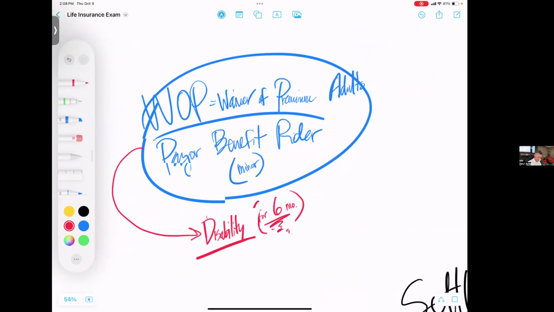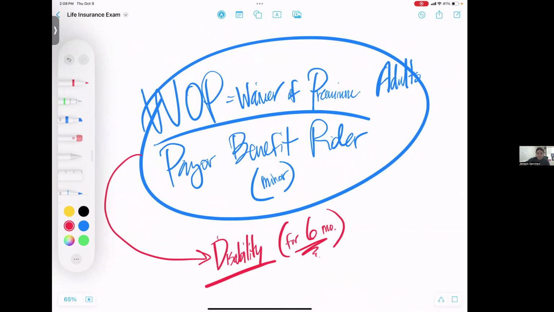Okay? You got it? Yeah. So that's a waiver of premium rider. It pays the premiums for as long as you're disabled. So you basically have free insurance for as long as you're on disability. But the disability has to be for 6 months. So there's a waiting period of 6 months. That's a rider. Okay.